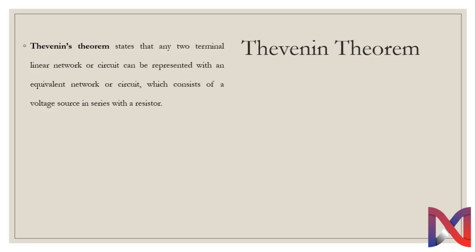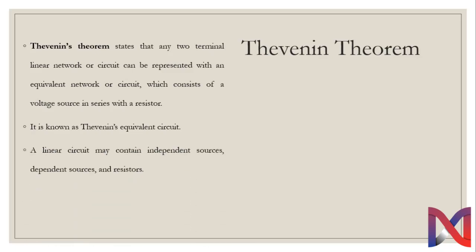It means that the entire circuit needs to be simplified and it must have only a Thevenin voltage source, a Thevenin resistance and its load resistor. The equivalent circuit is known as the Thevenin equivalent circuit.